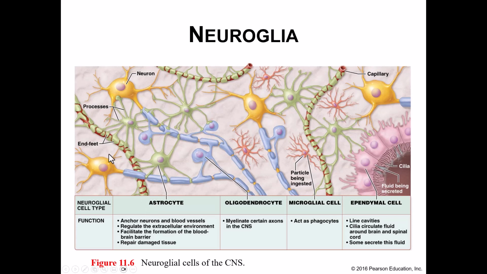Neurons get most of their nutrients via diffusion from the nearby cells, so astrocytes anchor neurons near their blood vessels, regulate the extracellular environment, and facilitate the formation of our blood-brain barrier. So we have a blood-brain barrier that helps to protect the nervous system from things in the circulatory system that could be harmful to it. Also helping to repair damaged tissue.